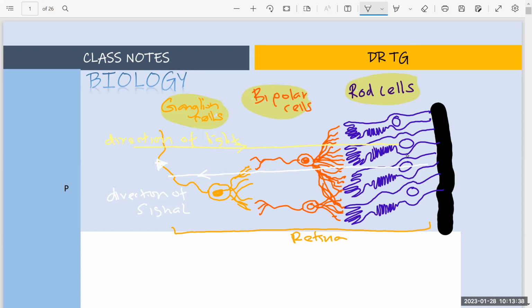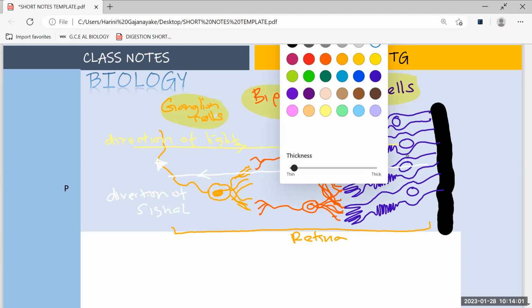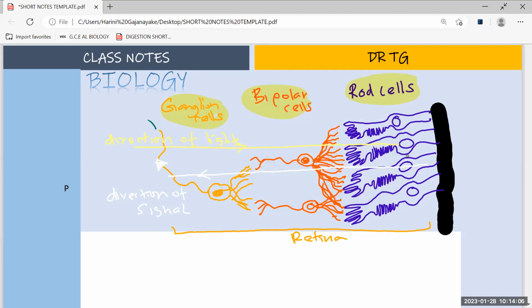It's very important to understand that when light falls onto the rod cell, it is converted into an electrical nerve impulse, then it is passed to the bipolar cell, then it is passed to the ganglion cell. Ganglion cells finally merge with the optic nerve.